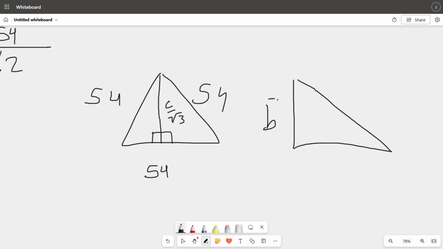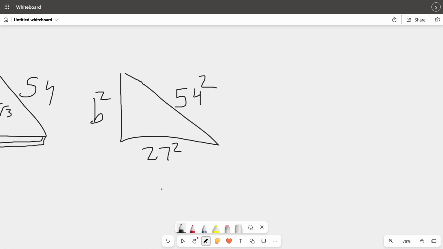So this would be b squared, this will be c squared, which is 54 squared, and a squared would be 54 divided by 2, since this whole segment is 54 and we have to divide it in half. So what's 54 divided by 2? That'd be 27 squared.